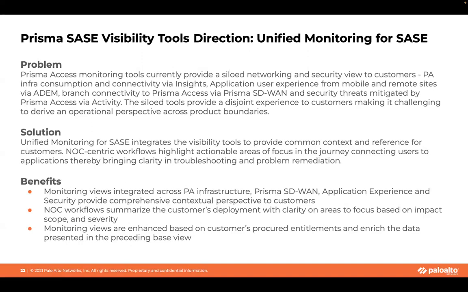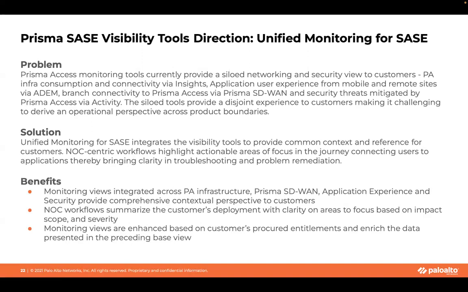If you have mobile users and you're consuming ADEM for mobile users, on the same users page you will be able to see not only all the insights view of all the devices and the device statistics that we used to show you, with GlobalProtect versions, your OS and so forth.